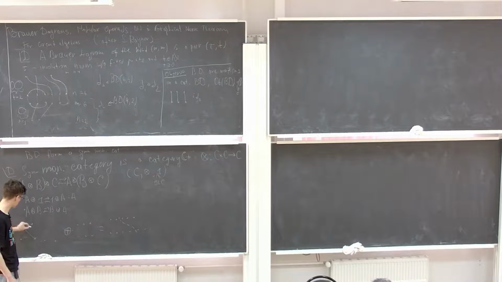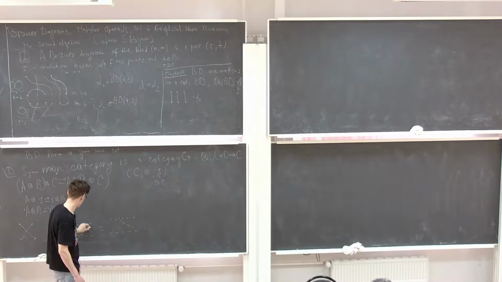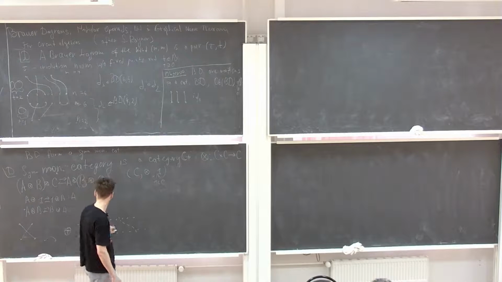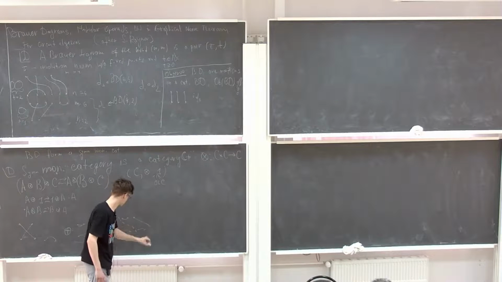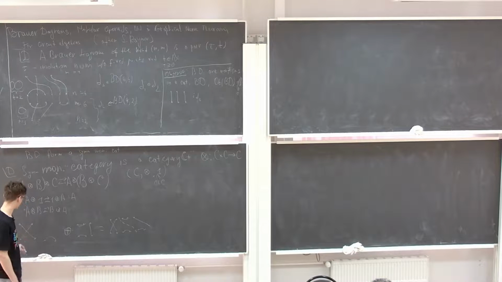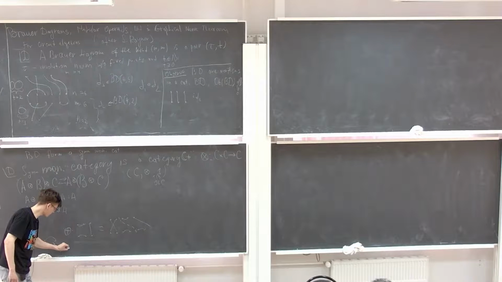Here you can consider tensor products of morphisms as well. And you will get something predictable. Okay, so the category of Brauer diagrams is a symmetric monoidal one.